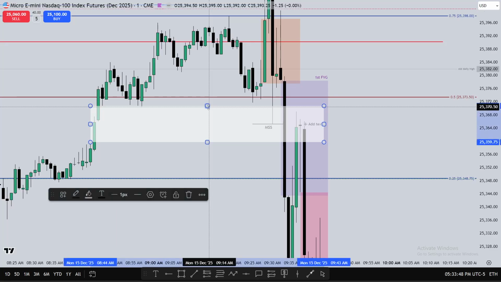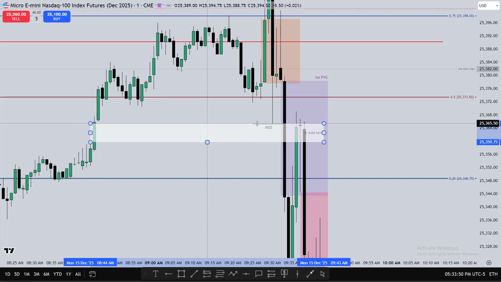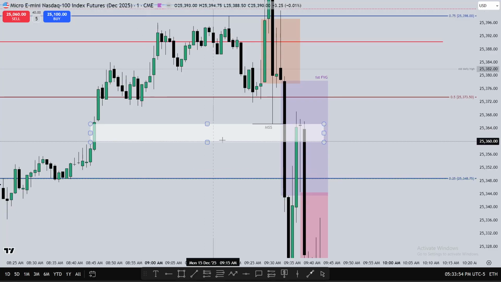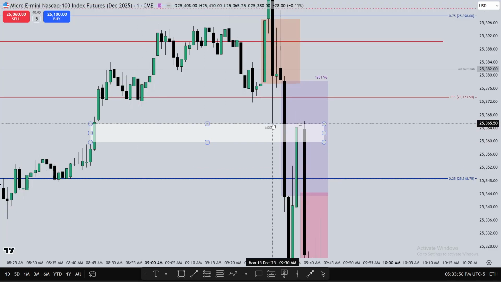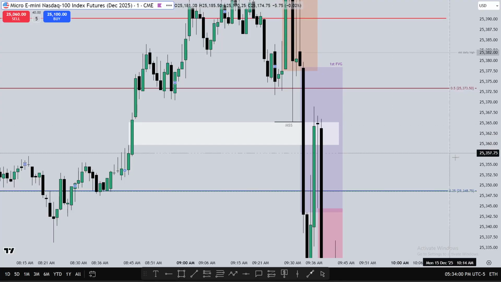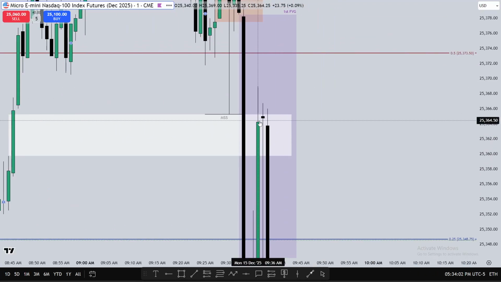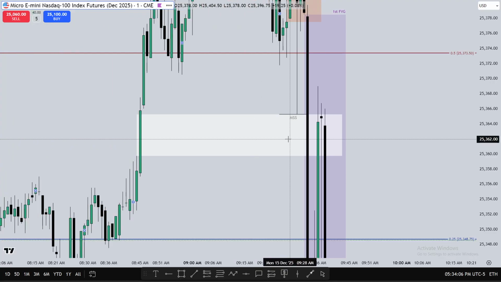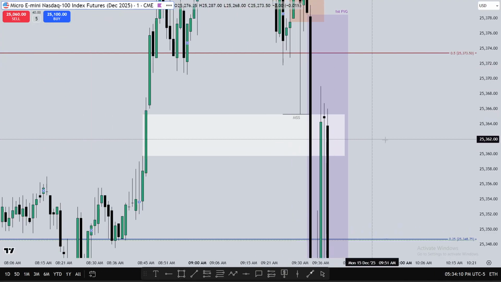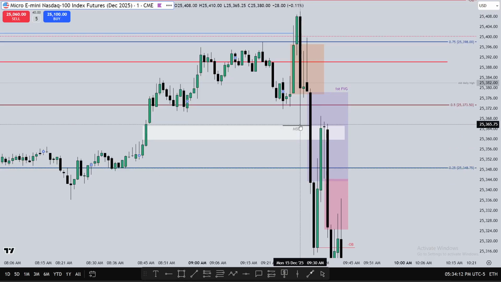Meaning, if I'm taking that low, then that would make this portion a balanced price range. And I'm expecting price to trade up into here, but I'm expecting it to respect it. As you can see, the bodies stay inside of the true balanced price range of the inversion fair value gap.